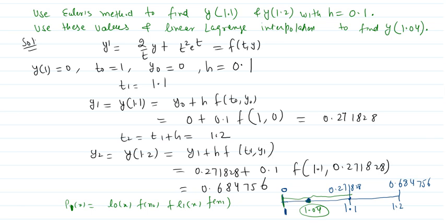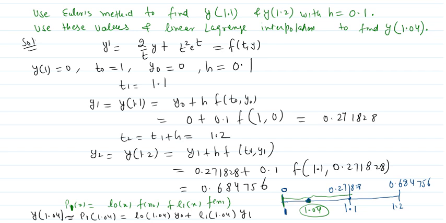In place of f(x0) we have y0 and y1. So in our notation we compute P1 at 1.04. So this is L0 at 1.04 multiplied by y0 plus L1 at 1.04 multiplied by y1. Okay, so P1 at 1.04 will be the approximate value of y at 1.04.